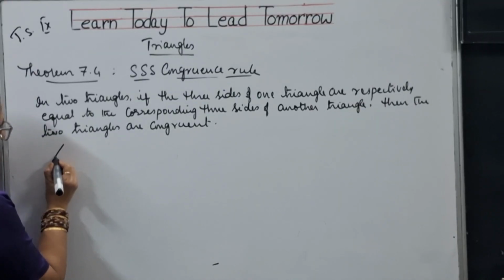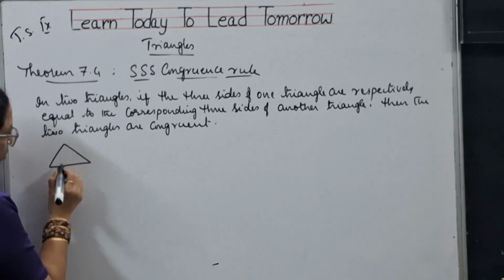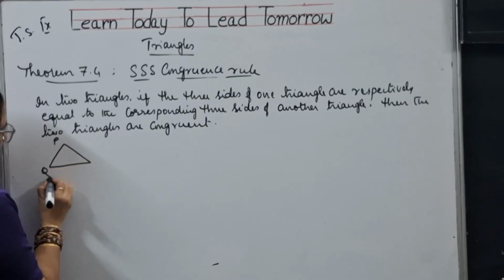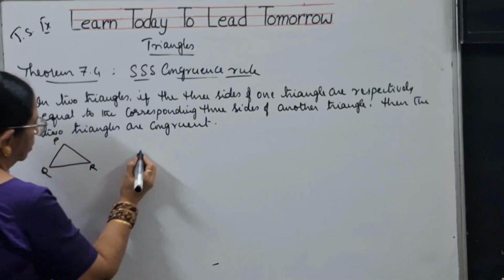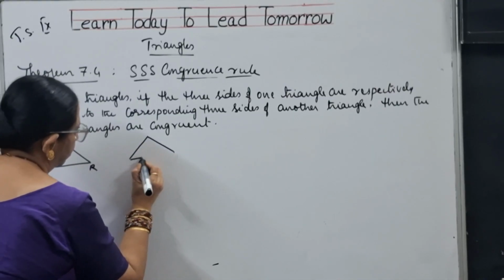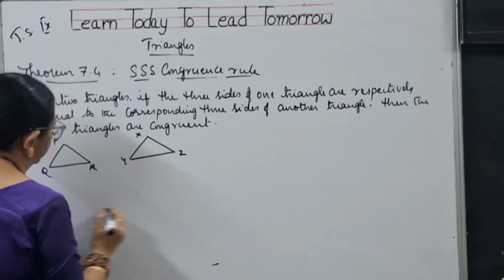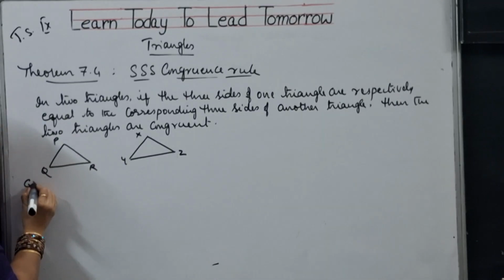So let us draw a triangle PQR and a triangle XYZ. So what is given to you?